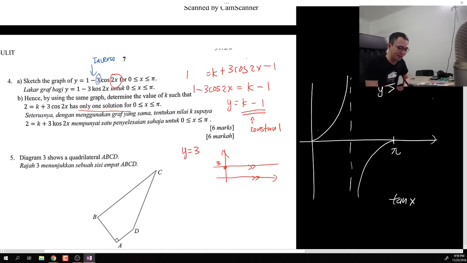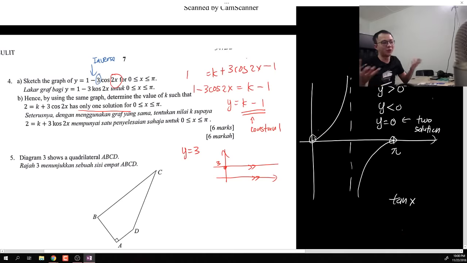So y can be bigger than 0 or y can be less than 0. You just cannot equal 0, because when y equals 0, you actually touch 2 different points, right? So this one will give you 2 solutions. But any value above 0 or below 0, you only have 1 solution in this case.